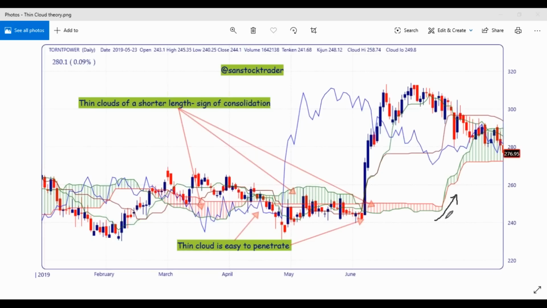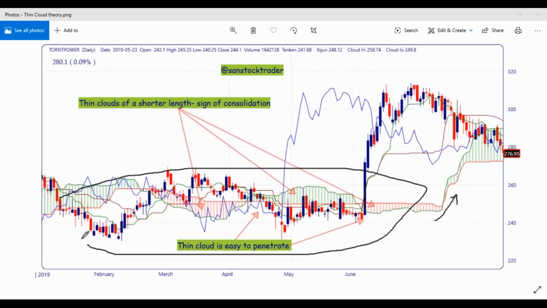So during a trend, the cloud will move with the direction of the trend, and when the cloud is not moving in any direction, see in this region, it is a sign of consolidation, and this consolidation is often followed by a strong move, and that's exactly what happened in the case of Torrent Power. There was a long consolidation from January to June, and then finally Torrent Power broke out on the upside.